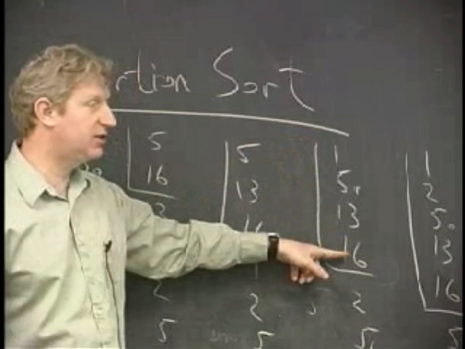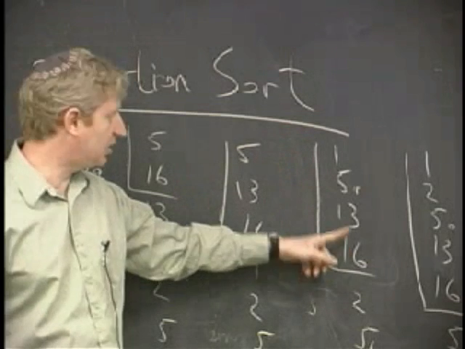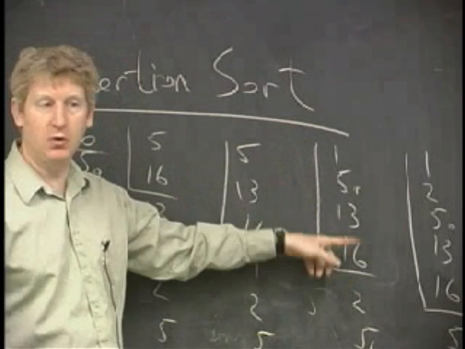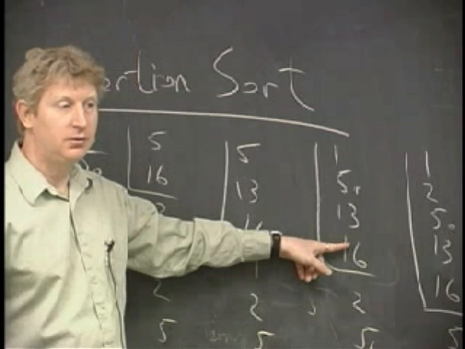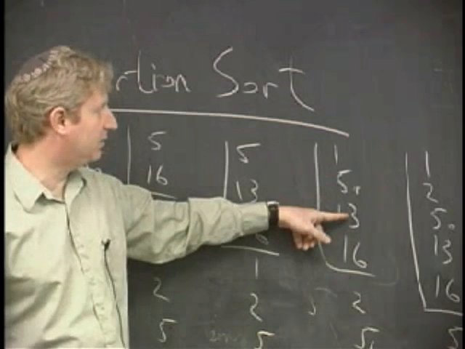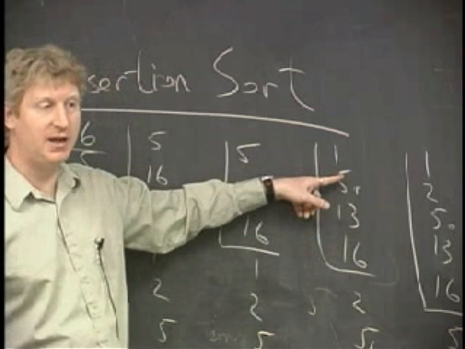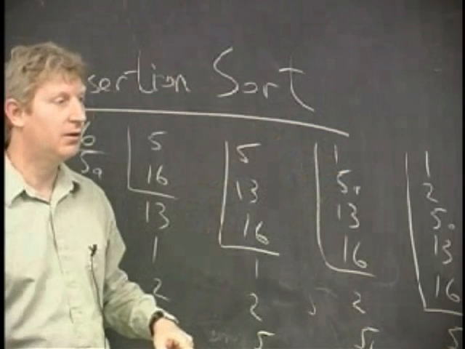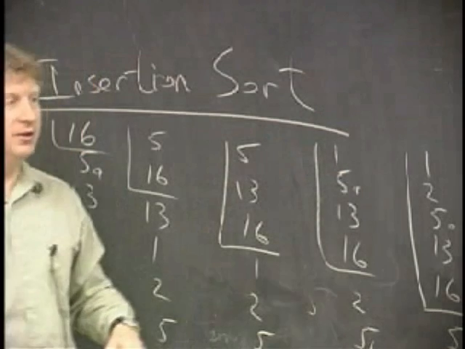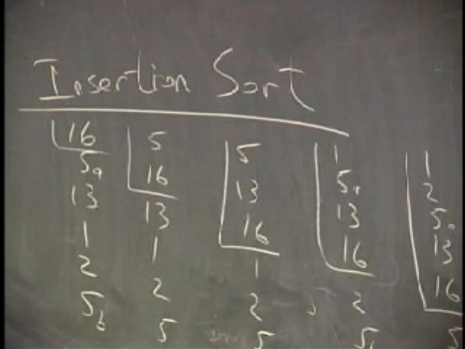I compare 2 and 16, and if 2 is smaller than 16, I just shift 16 down right away and move 2 up. And then I can compare 2 against 13, moving 13 down, 2 against 5a, moving 5a down, 2 against 1. It's not smaller. I just leave 2 there. It's a first cousin to bubble sort. It looks a little like bubble sort, but it's not exactly the same. It doesn't do the exact same order of comparisons, but it should remind you of that.